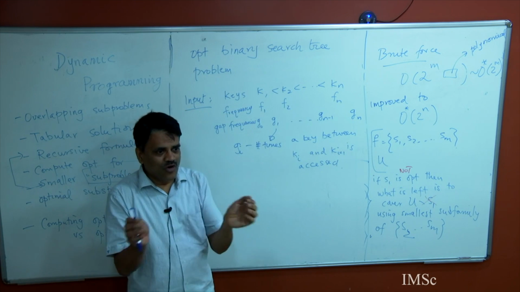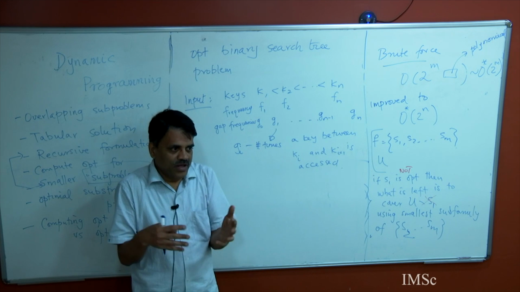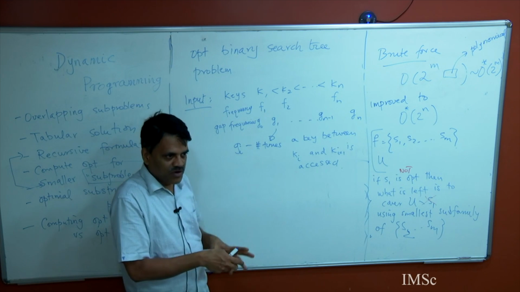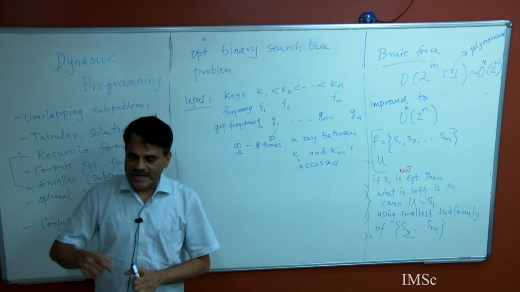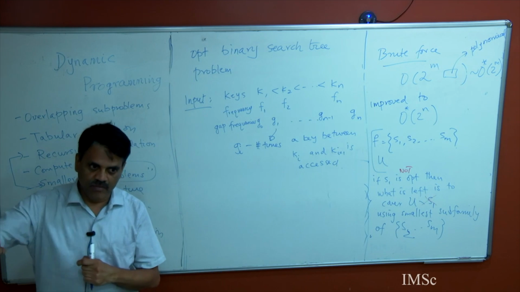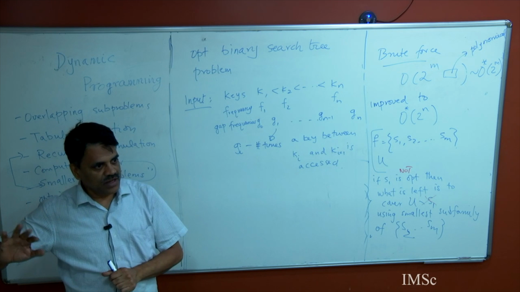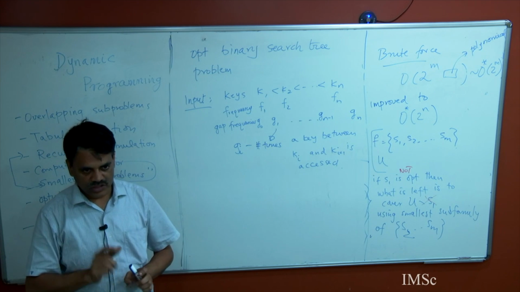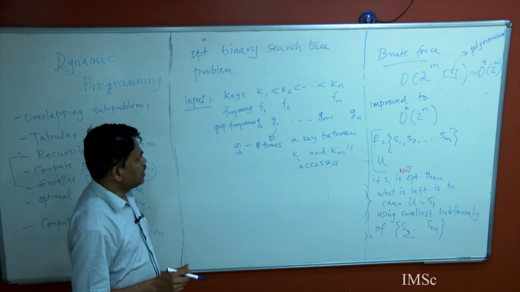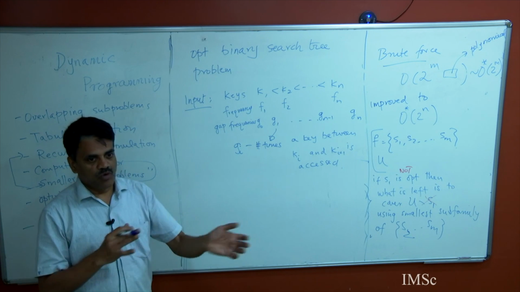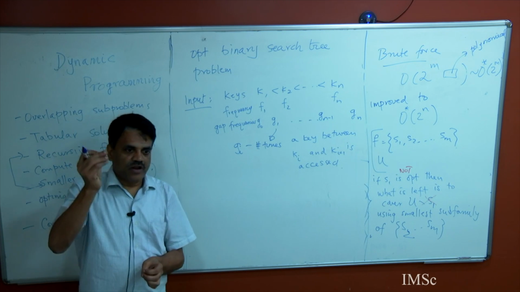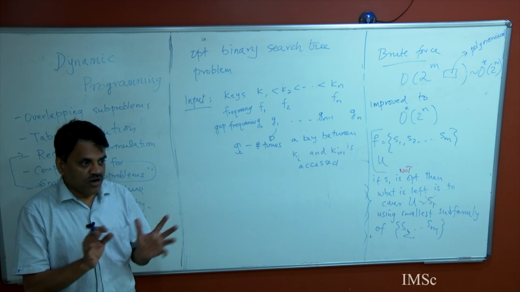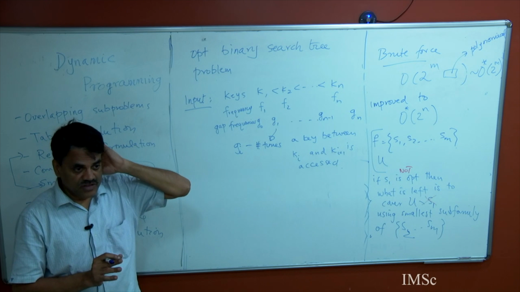So your good old standard red black tree may not be an optimum way to minimize the total cost, because I am not interested in minimizing the maximum cost. I am interested in minimizing the expected cost or the total cost. If some key is accessed more often than not, then maybe it is better off to bring that closer to the root. So there are many ways of organizing a binary search tree on these n keys.